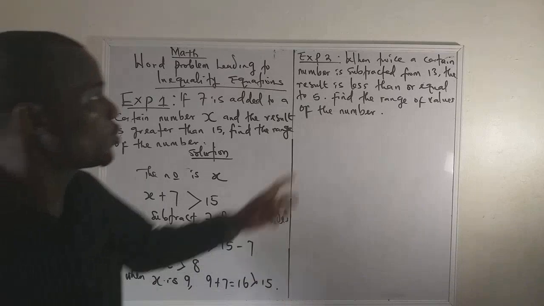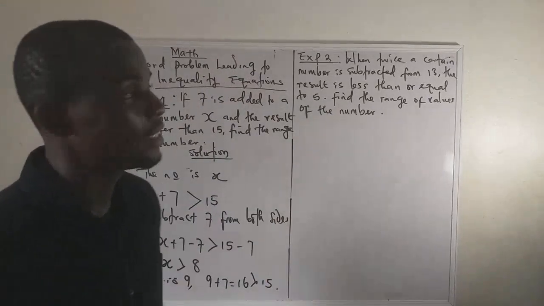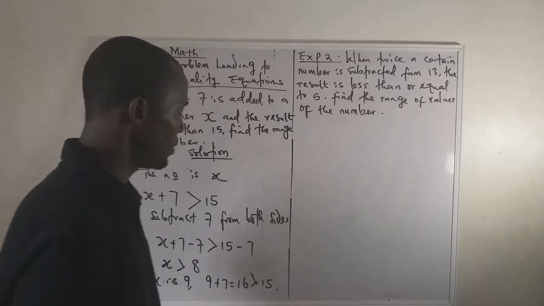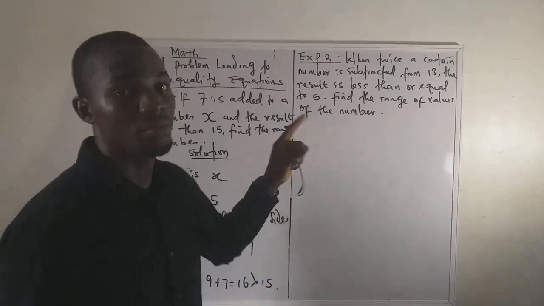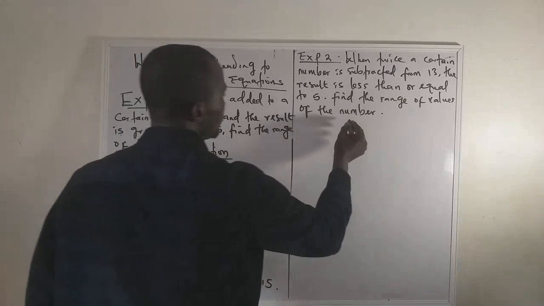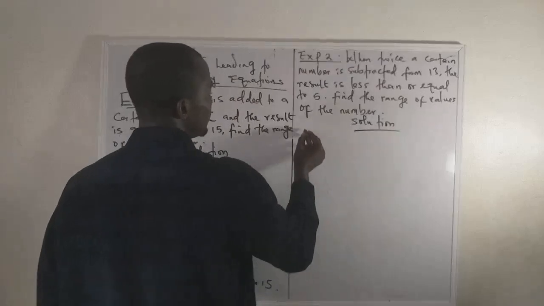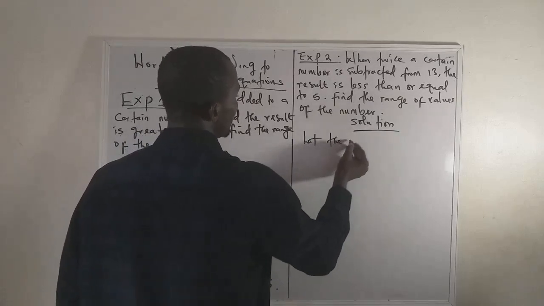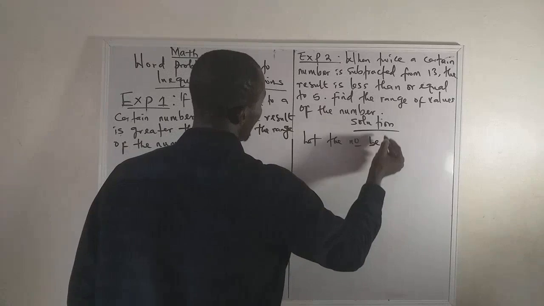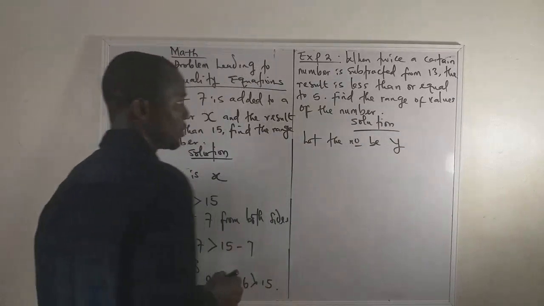Now we come to this other question. They say when twice a certain number is subtracted from 13. We start by saying let the number be y this time around.